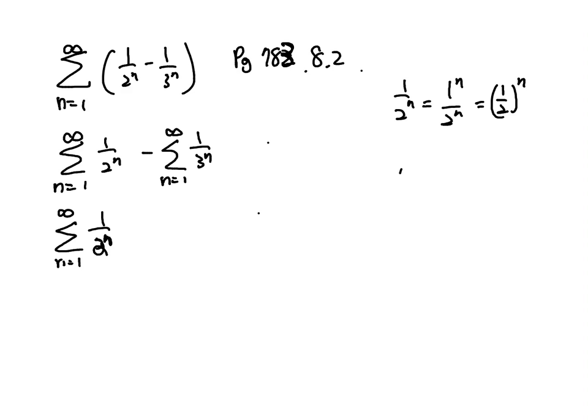So if n equals 1, the first term you get is 1/2, and your multiplier in this case is also 1/2, because you multiply by 1/2 each time. So this infinite sum will be 1/2 over 1 minus 1/2. So you get 1/2 over 1/2, which is 1.